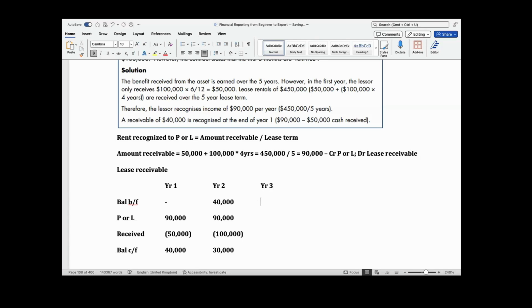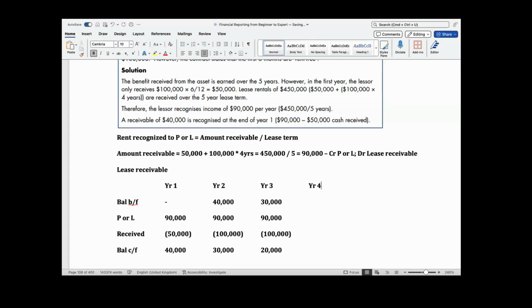Again, in year three, you bring forward the 30. You recognize 90K. You collect 100. You have a balance of 20.